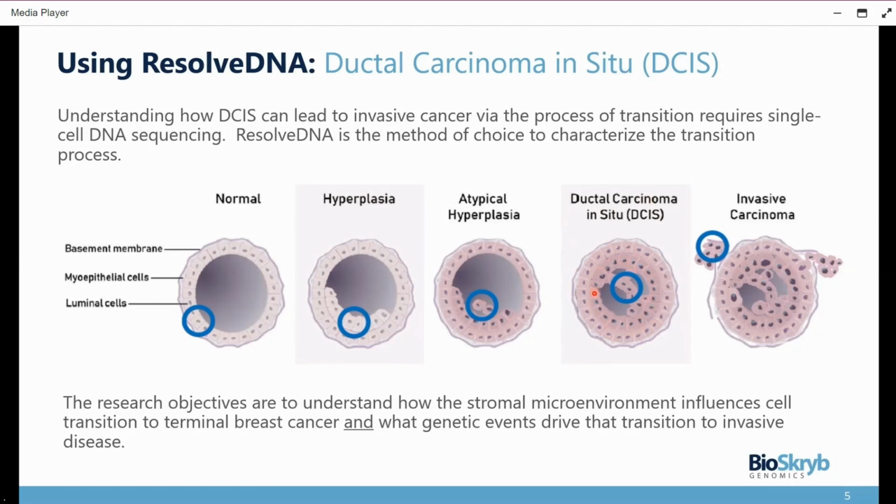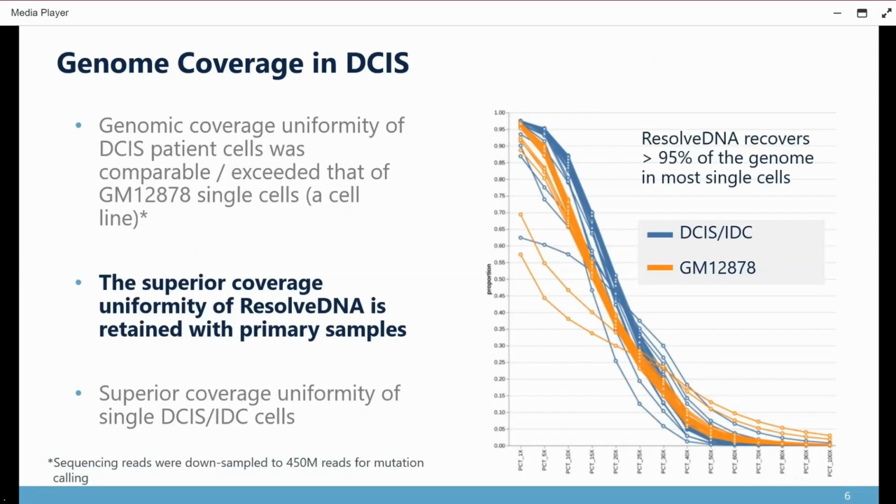A fundamental research mission is to understand the influence of the stromal microenvironment and cell and genomic events that drive this transition to invasion. Using the Resolve DNA chemistry, the comparison between the cell lines, in this case GM12878 cells, and ductal carcinoma in situ cells is very, very close.